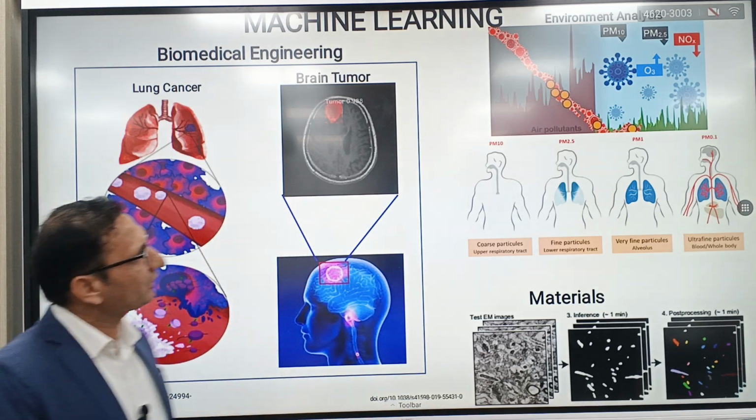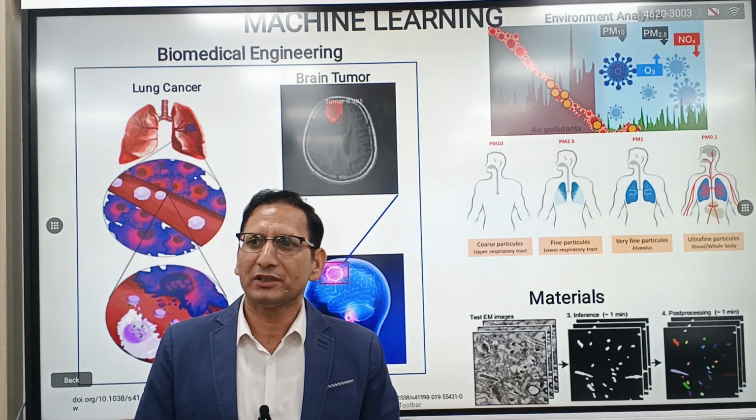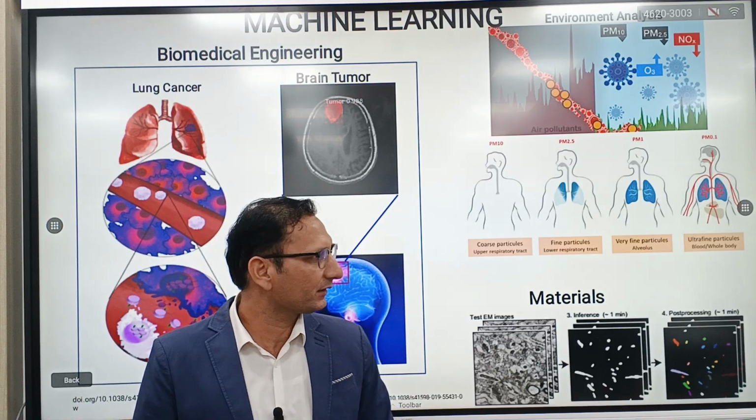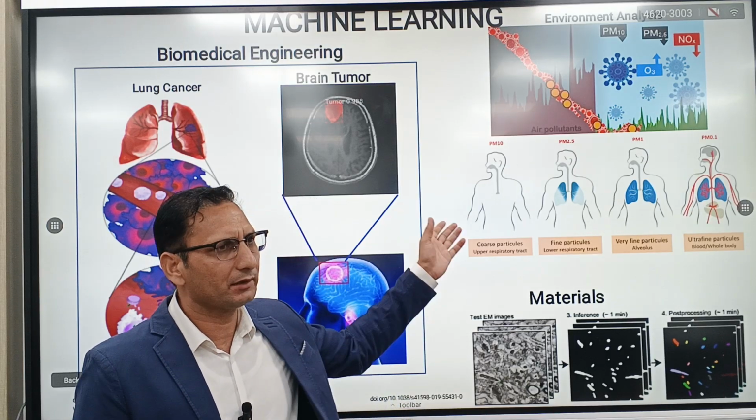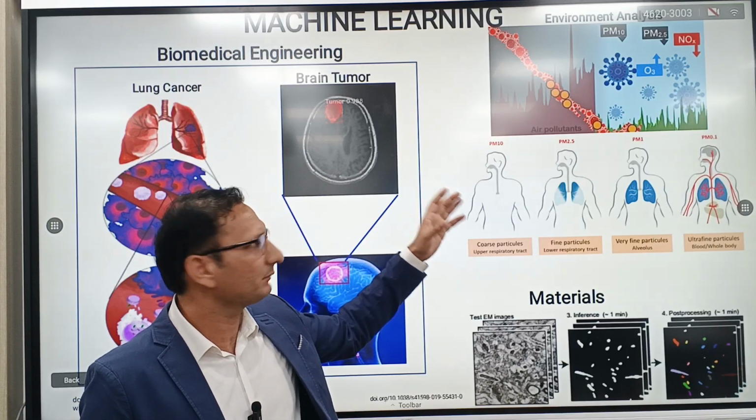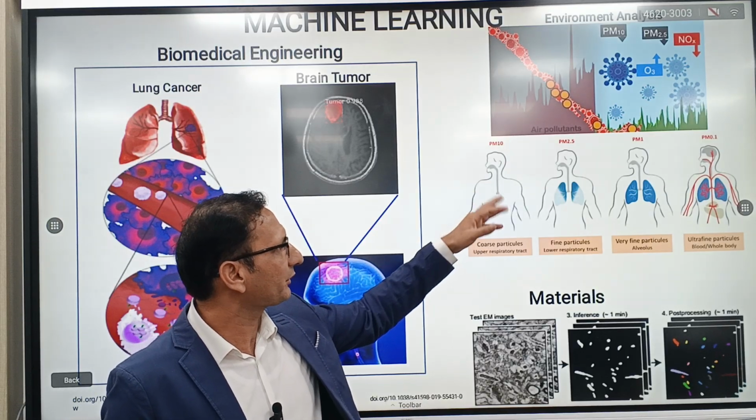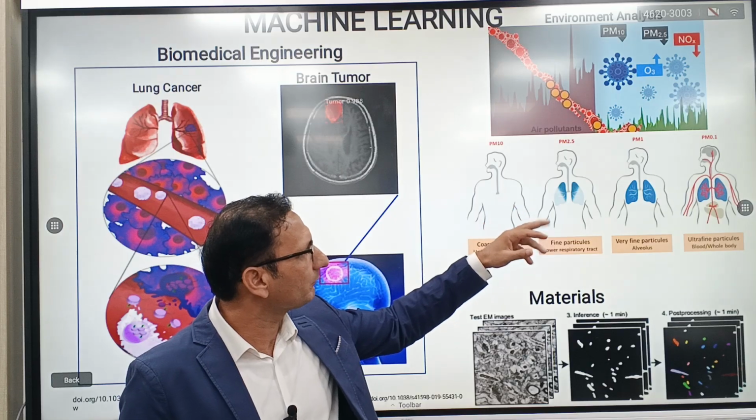The second application: we have a big issue of pollution, especially in Pakistan. And there are different sizes of particles, like PM10 and PM2.5, particulate matter of size 2.5, below 1, 0.1.